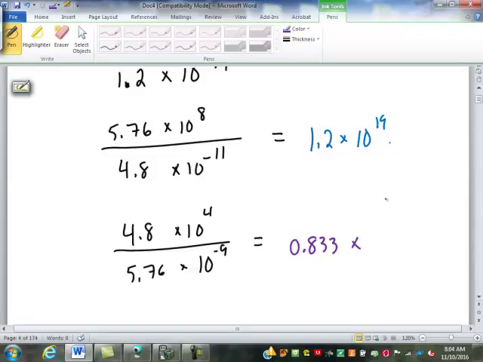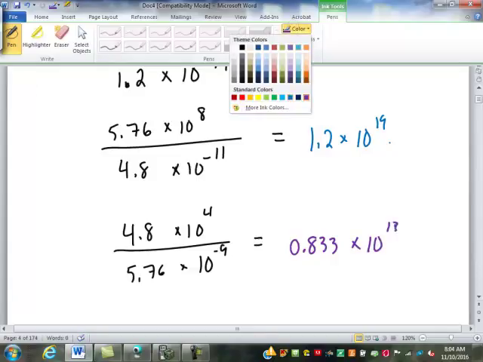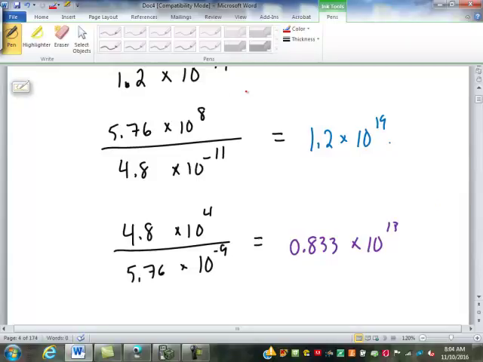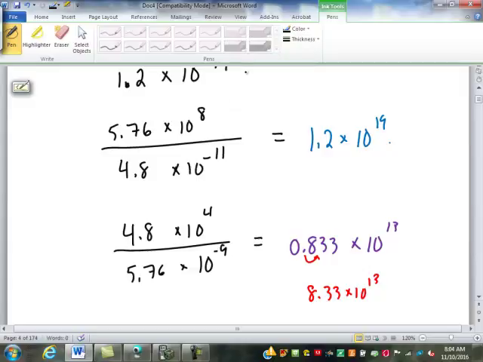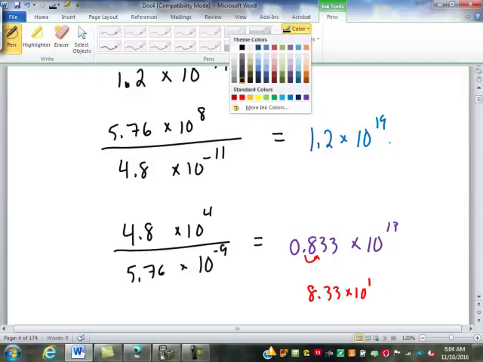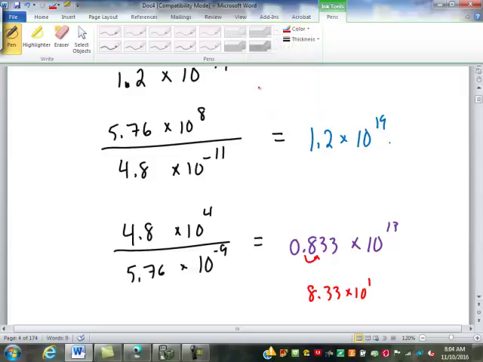Times, we're going to just round it to 0.833, times 10 to the 13th. Good. Can't leave it like that, though. What are we going to have to do? Move it over one spot. 8.3 times 10 to the 13th. 10 to the 12th, thank you. Number got bigger, power does have to get smaller, so it goes from 13 to the 12th. Thanks.